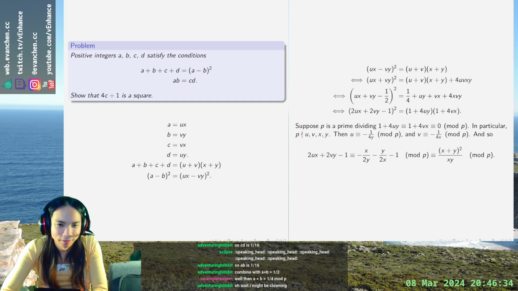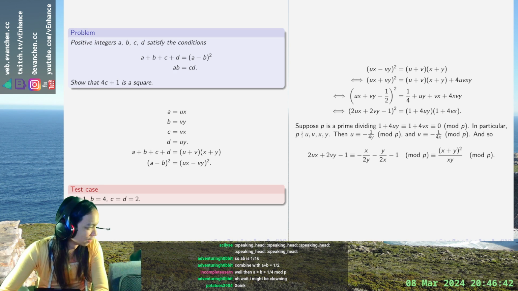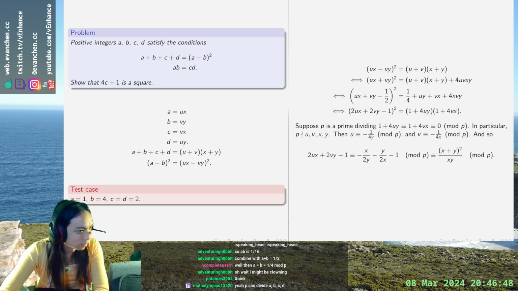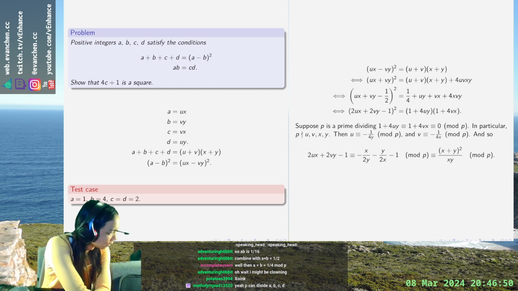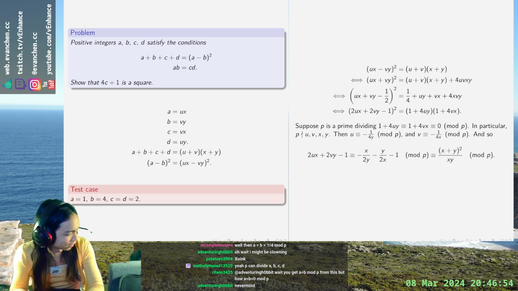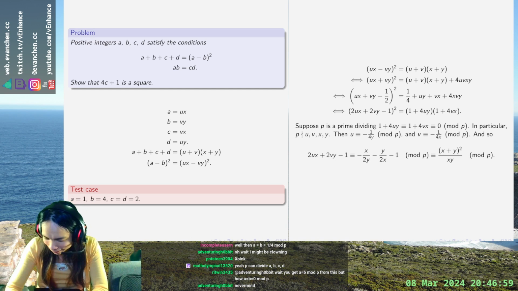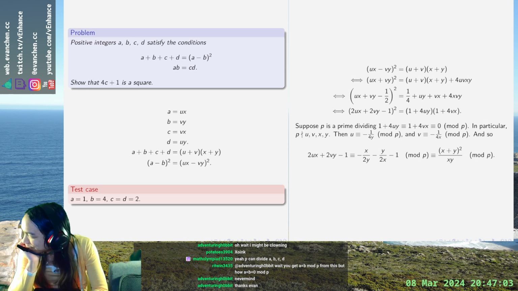Test case, A equals 1, B equals 4, C equals D equals 2 is just a solution, right? Yeah, it doesn't do anything. Okay, good. Okay, cool. Moving on.